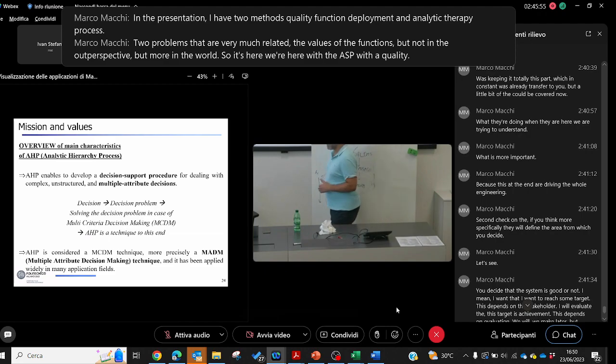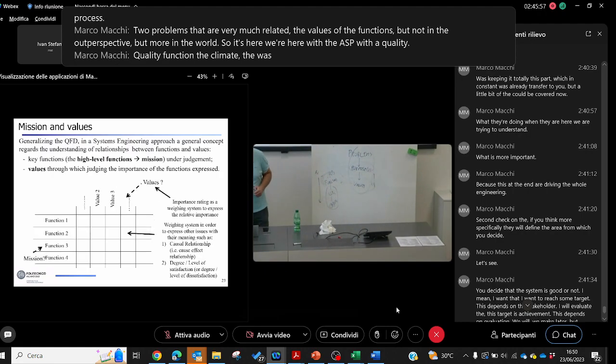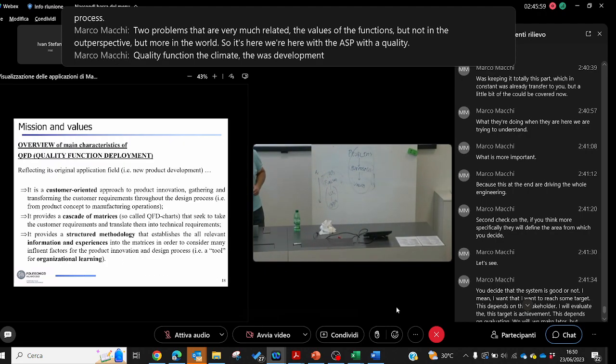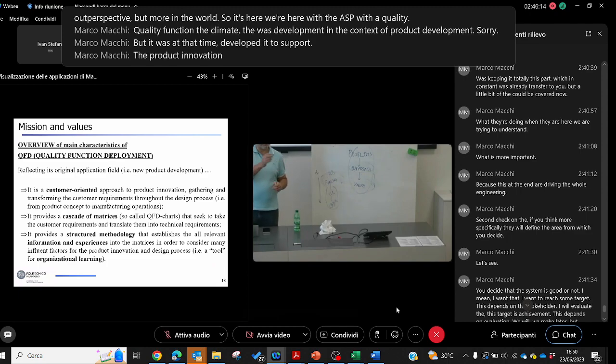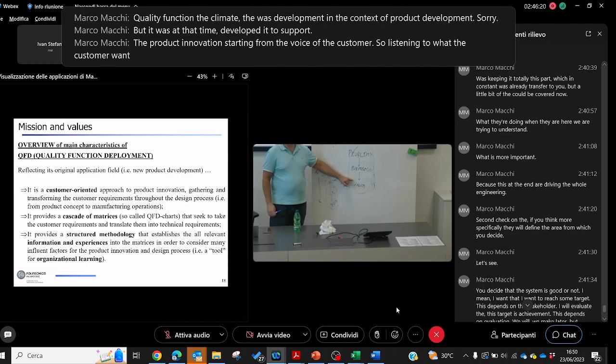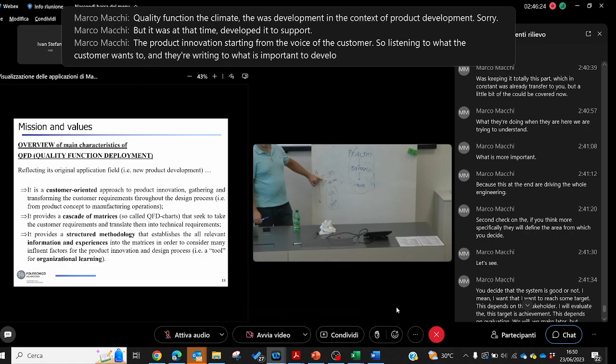Quality function deployment was developed in a context of product development, to support product innovation, starting from the voice of the customer, so listening to what the customer wants, and arriving at what is important to develop.